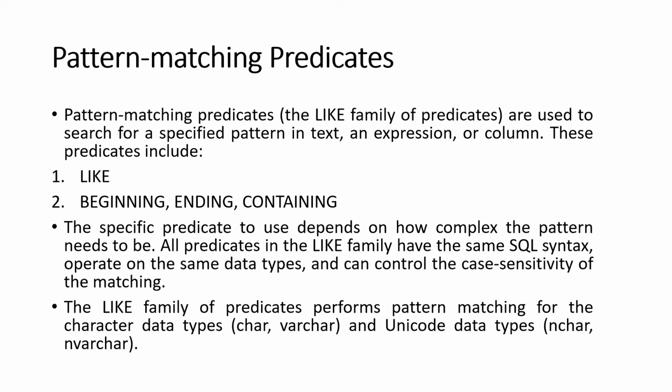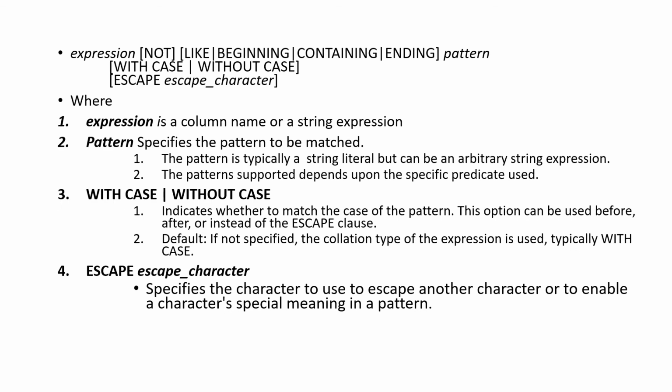The like family of predicates perform pattern matching for the character data types, that is char and varchar, and Unicode data types, that is nchar and nvarchar. So now we have the expression here: expression, not, like, beginning, containing, ending, whatever we want, pattern, with case, without case, then escape character.